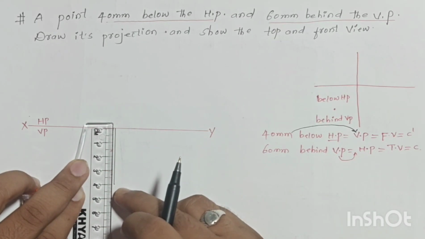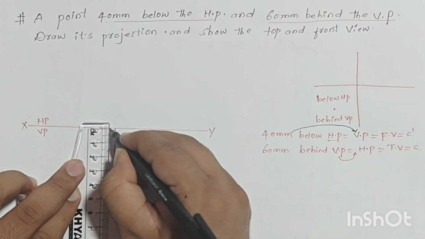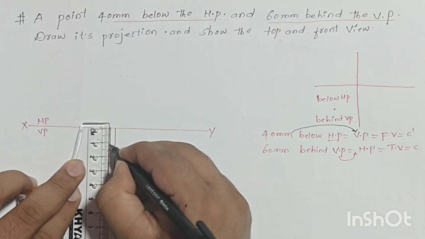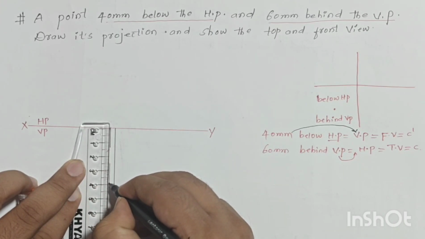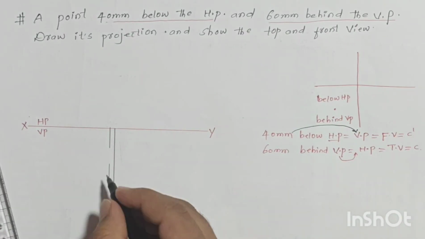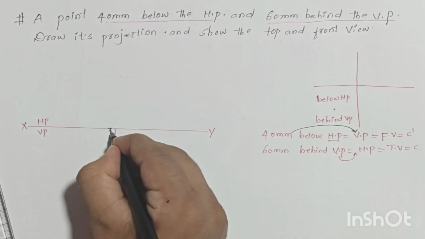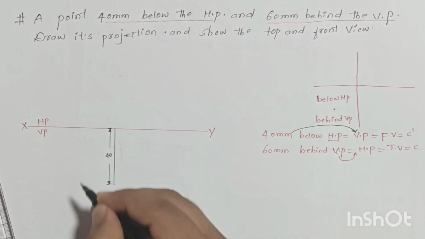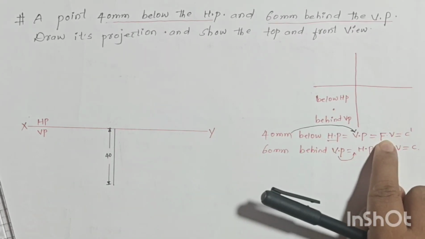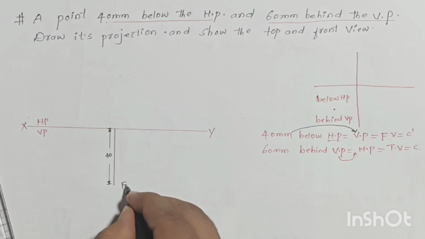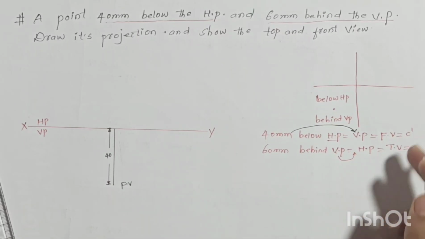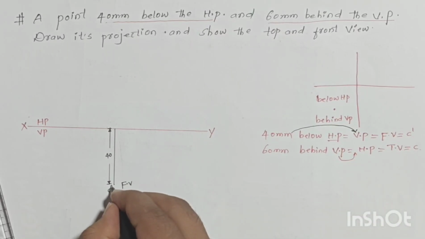We have to use H pencil. And meanwhile, show the dimension here, 40 millimeter. So this VP, what we can say, front view. Front view is represented as the point C dash.